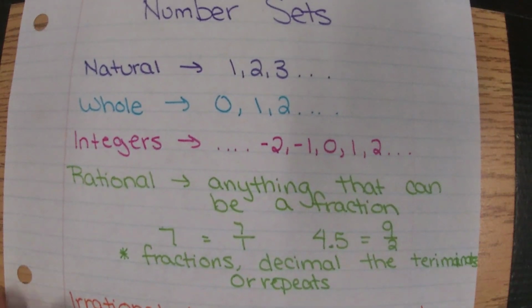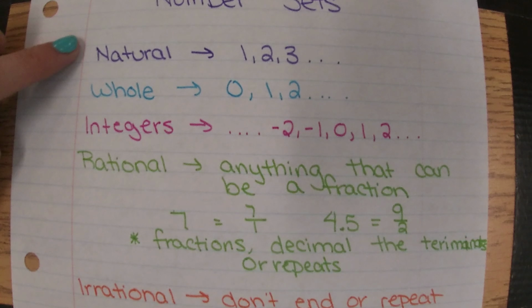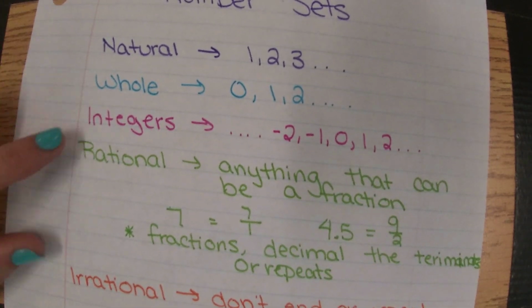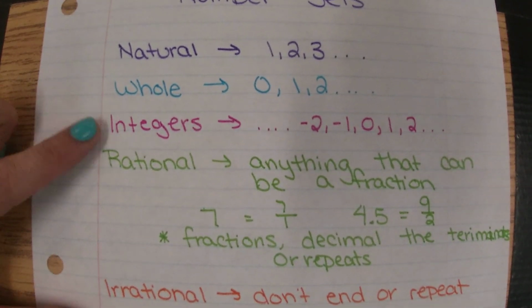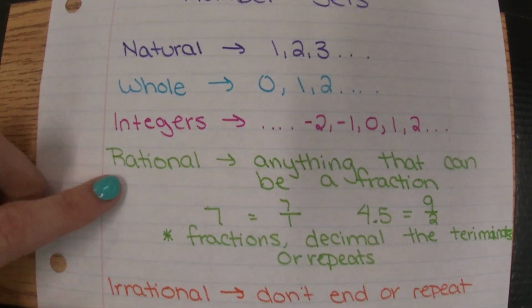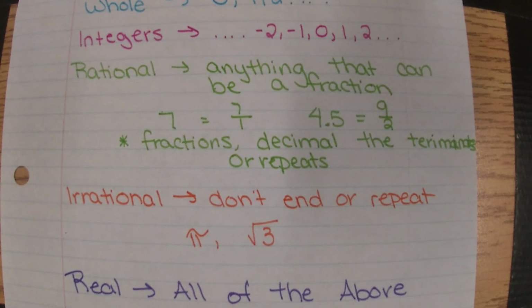Okay, and this is true for any number. So if I talk about something like negative 2/3, okay, so it's not a natural number. Negative 2/3 is not here. It's not a whole number. Negative 2/3 is not an integer, because while negatives are in the integer category, fractions are not. So the first place that fractions show up are in our rational category.